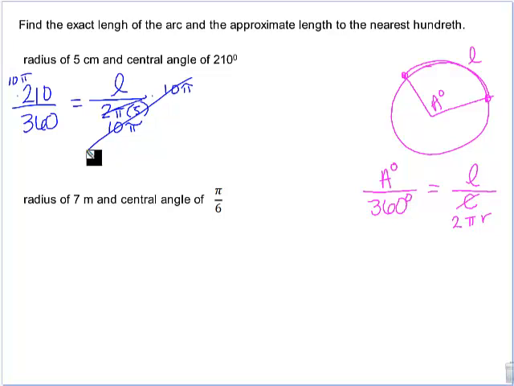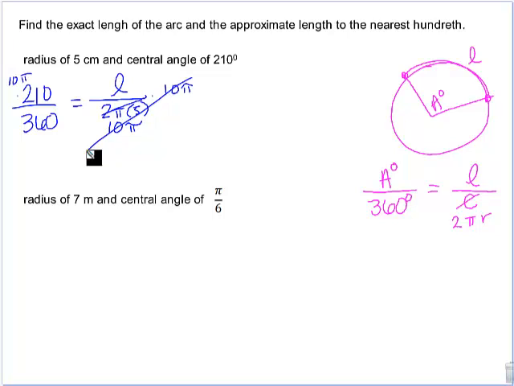Okay, but let's simplify it down. Yeah, you can simplify that. Simplify it down.